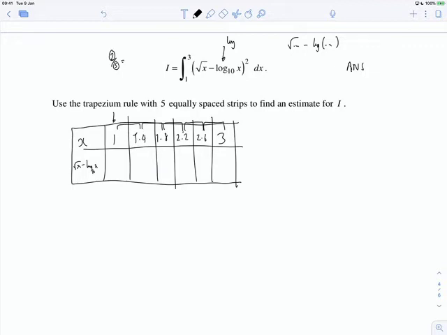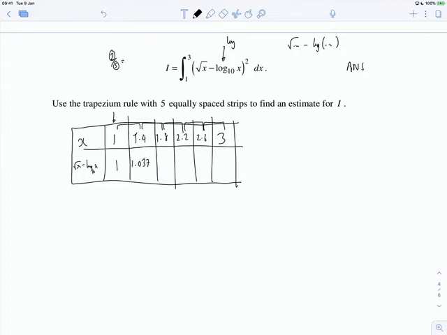So you can probably do this actually quite easily because when x is 1, root 1 is 1, minus log base 10 of 1, or log of any base of 1 is 0, so this is 1. Square root 1.4 minus log of 1.4 to 3 decimal places is 1.037.